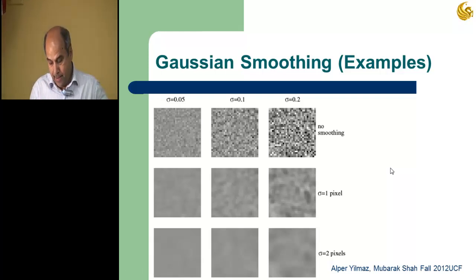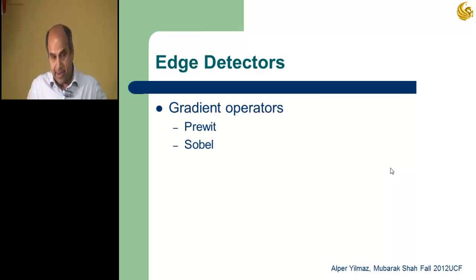Okay, and so the simplest edge detectors are called the Prewitt edge detector and the Sobel edge detector. These are pretty old. These are names of the authors who came up with these edge detectors, and they are very intuitive.